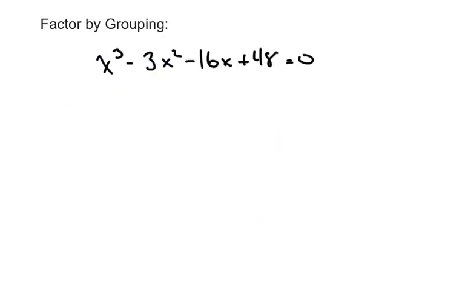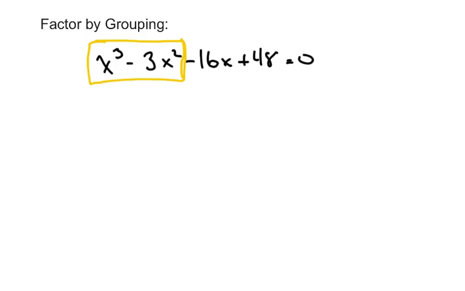The last one I want to look at is factoring by grouping. This is also a technique that you might feel uncomfortable with at first, but it is really slick for dealing with third degree polynomials. What we want to do is just factor it by looking at each half. In the front half of this polynomial, we've got x cubed minus 3x squared.